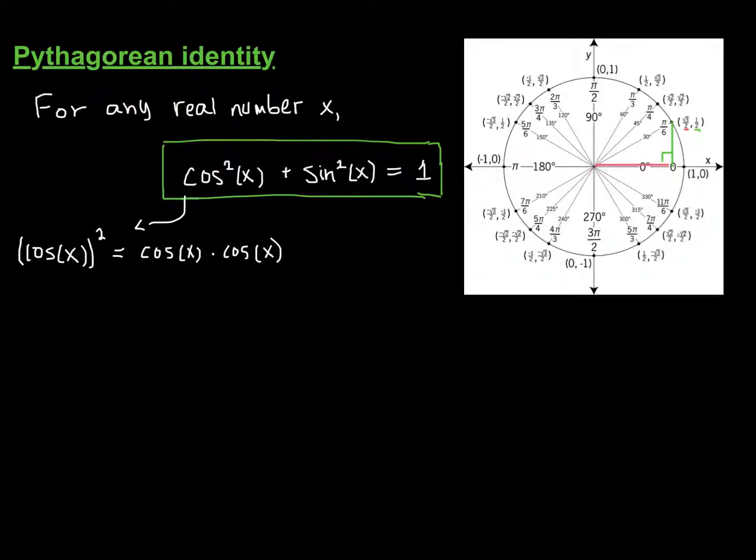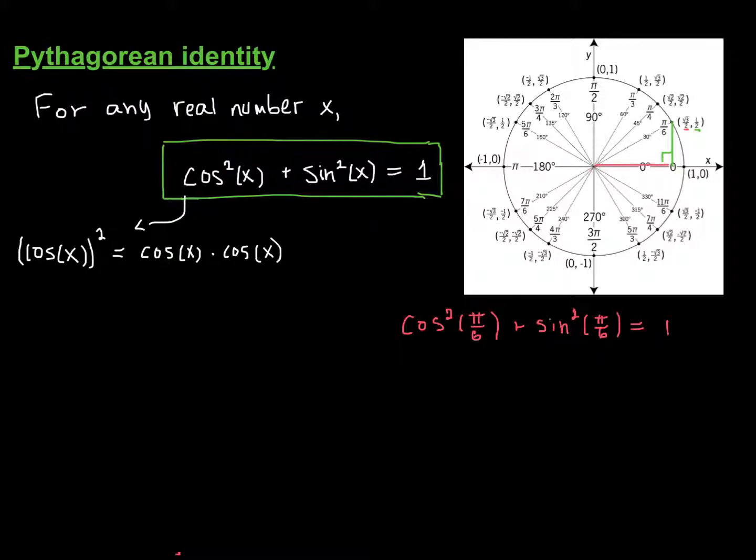And so, for example, the cosine of pi over 6 is root 3 over 2. So if you wanted to apply this to pi over 6, what you would say, and we'll just do a little example down here, is that the cosine of pi over 6 squared plus the sine of pi over 6 squared is equal to 1.